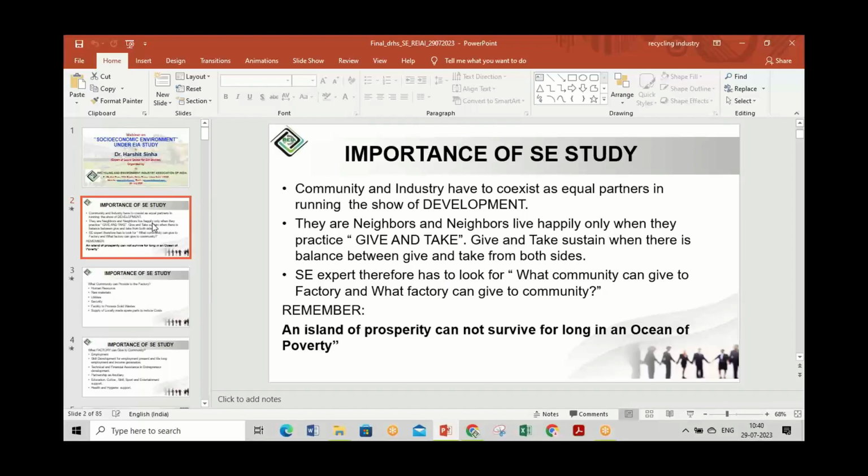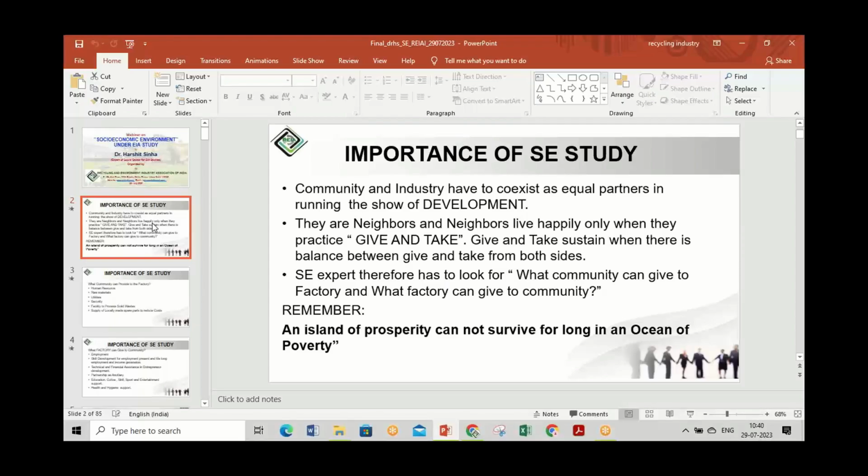A very simple example comes to my mind: your neighbor comes to your house and says, "I want a plate of rice and some sugar." So she comes almost every alternate day, and when you need it, you go to her house, and if she refuses, you feel bad. So the neighbors will remain happily together if the give and take is balanced.